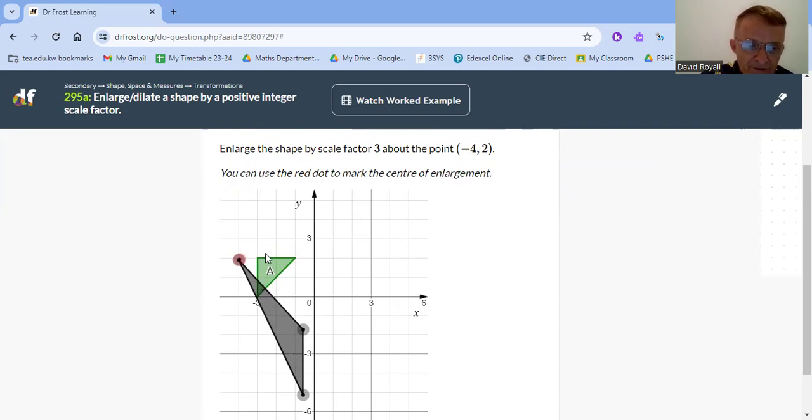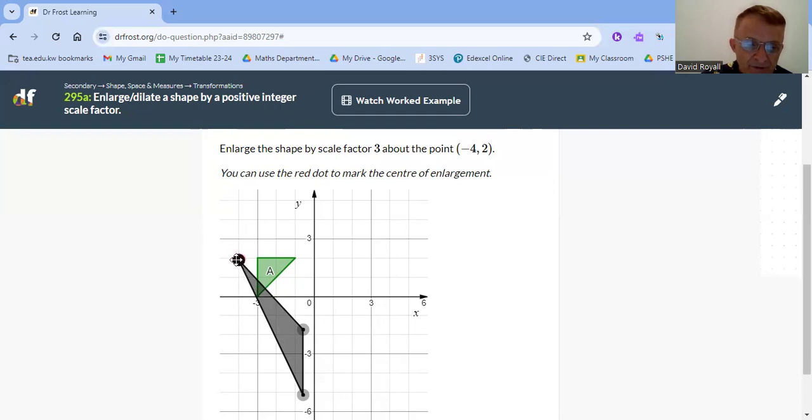Now I'm going to look at these points here, which make up the corner of the triangle. To go from the point here to this point, I would go 1, 2, 3. As it's a scale factor of 3, I'm going to multiply that by 3 and go 9.